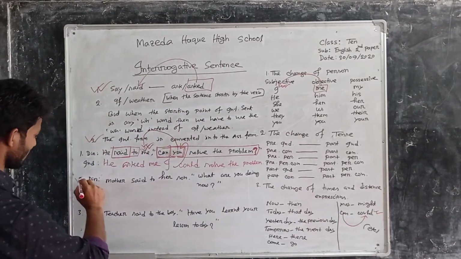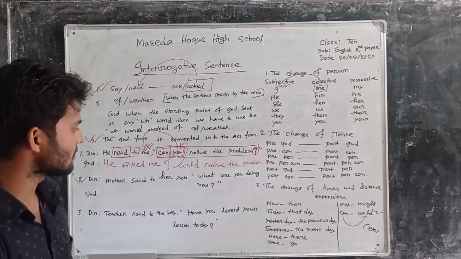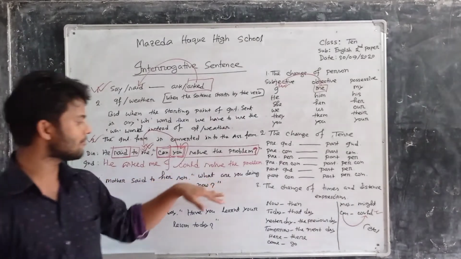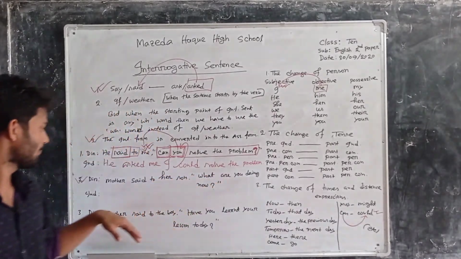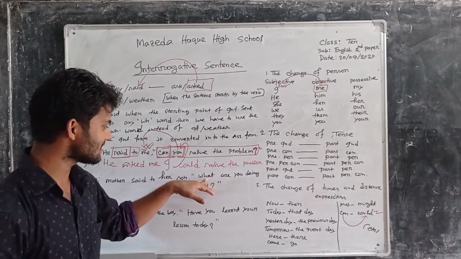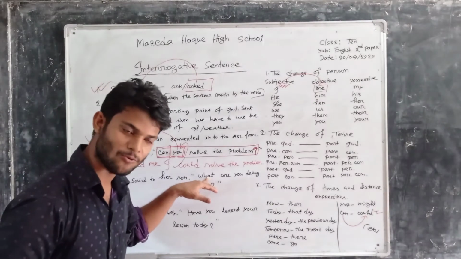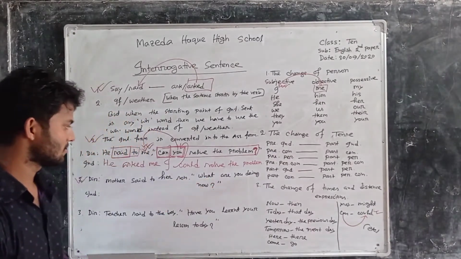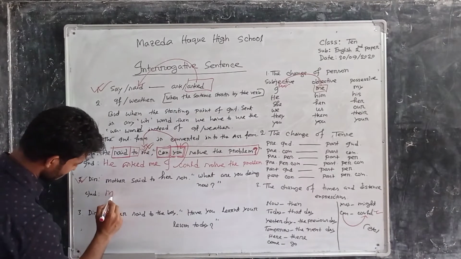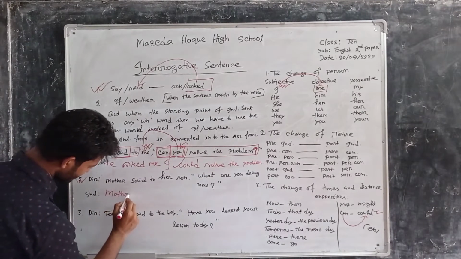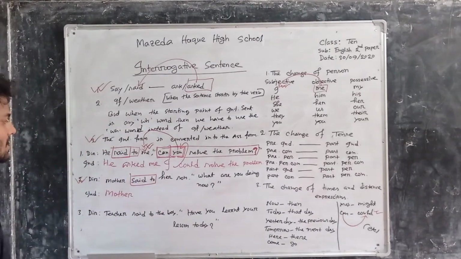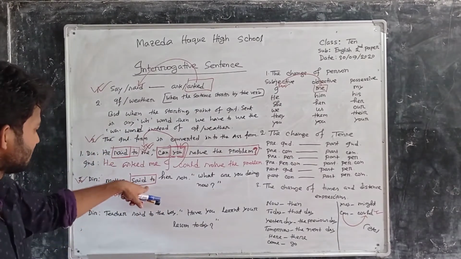The second sentence is, mother said to her son, what are you doing now? We see that this sentence is started by a WH word. When we change it, we will use the subject of reporting verb and we have to change the reporting verb.